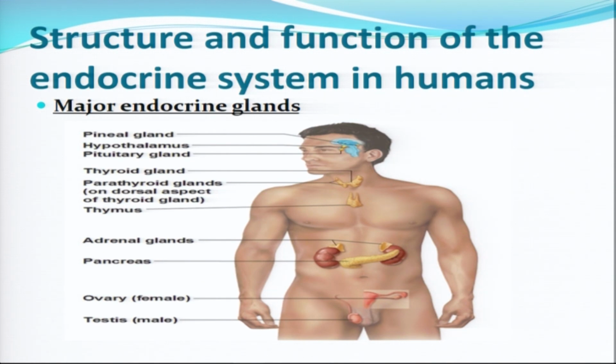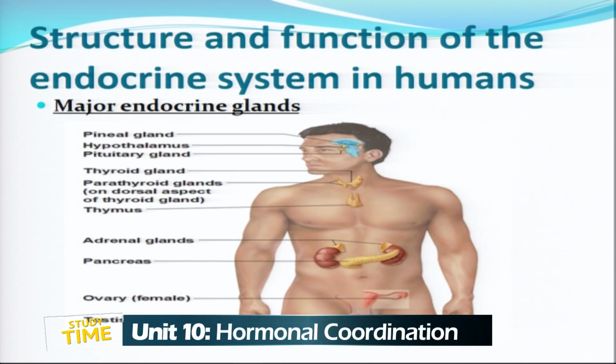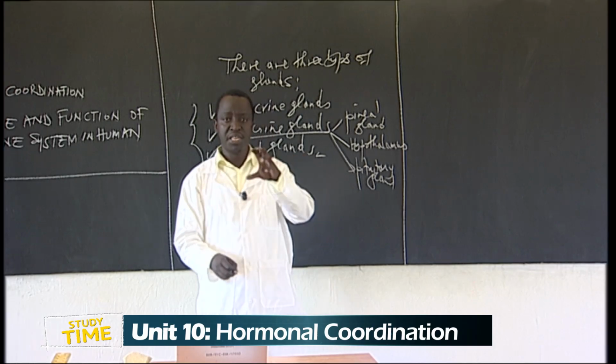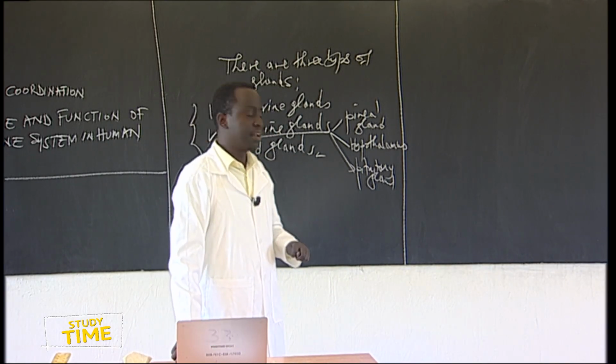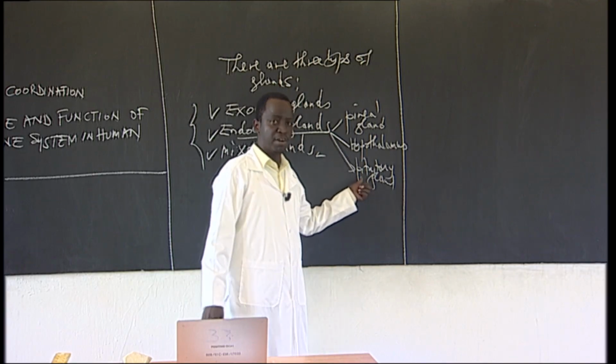We have this pineal gland. We have this hypothalamus. We have also what we call the pituitary gland. All these glands are located in the brain, and this pituitary gland acts as the master gland.